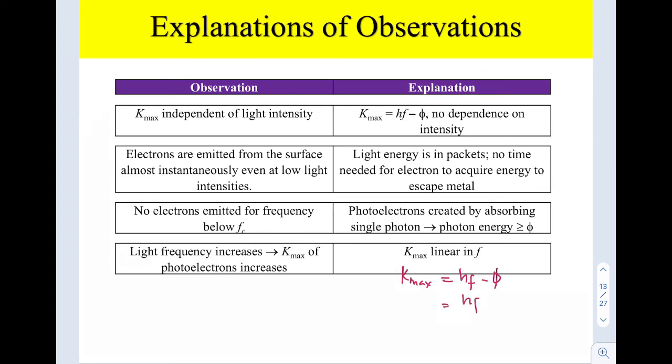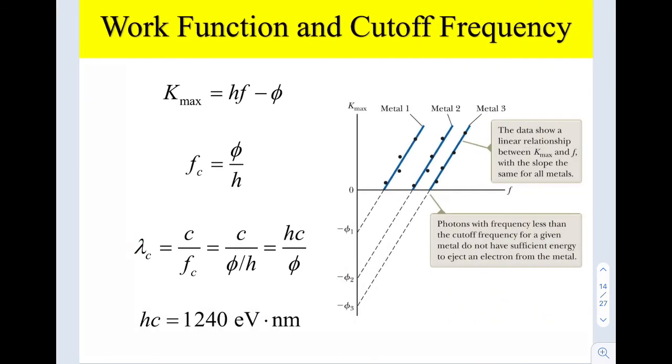And for the work function, we can also use hf_c. So the kinetic energy maximum is directly proportional to f. That is why the kinetic energy maximum of the photoelectron is directly proportional to the frequency. Whenever the frequency increases, the kinetic energy maximum is also going to increase.